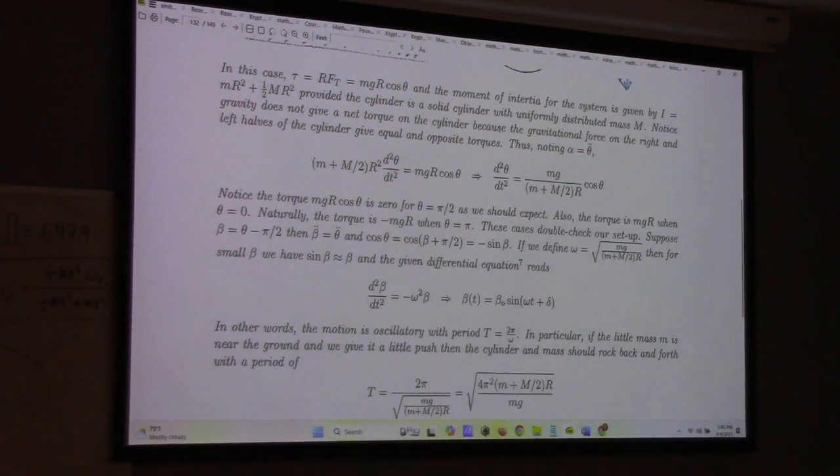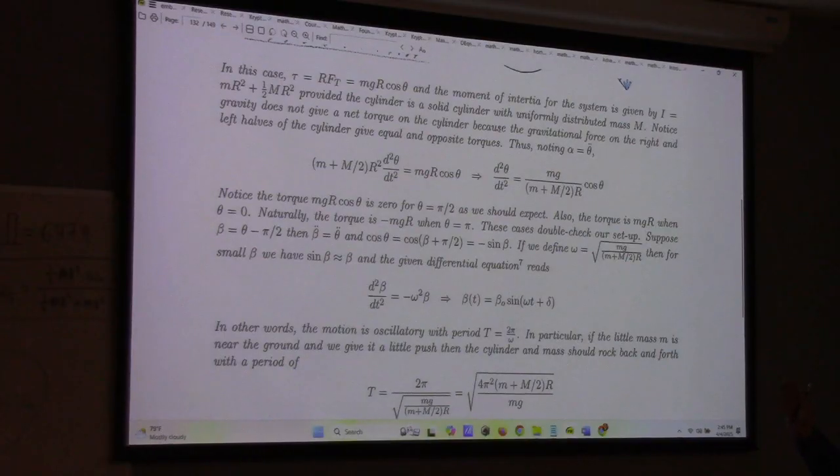So if we replace sine beta with beta, all of a sudden we've got a differential equation that we can solve. I've talked to you guys about solving this before. We looked at this to write down the equations of motion for the spring, right? This is the same differential equation that we had to solve for simple harmonic motion.